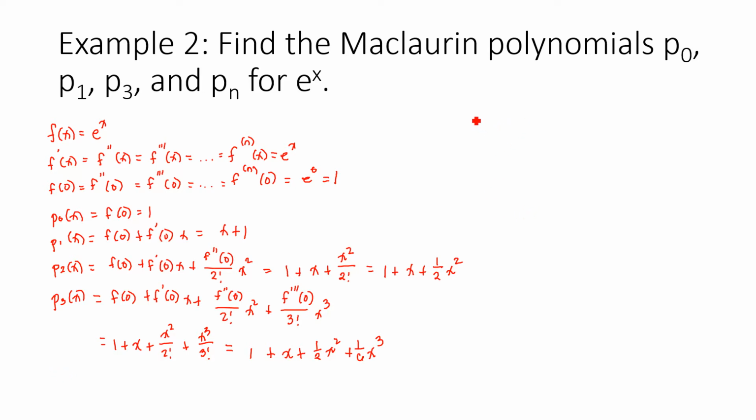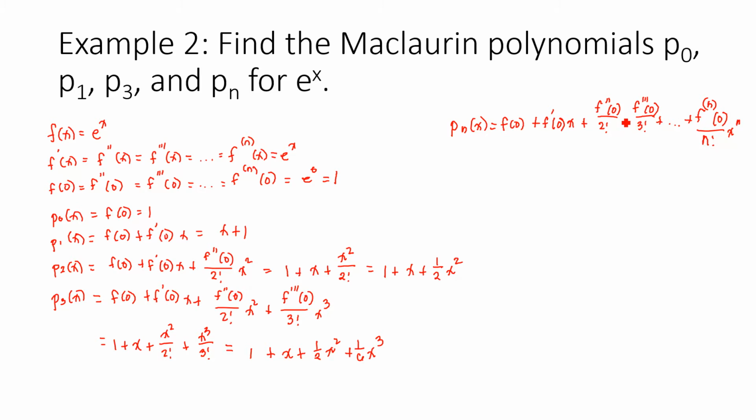Therefore, our p sub n of x would be equal to f of 0 plus the first derivative of f of 0, x, plus the second derivative of f of 0 over 2 factorial plus the third derivative of f of 0 over 3 factorial plus so on, plus the nth derivative of f of 0 over n factorial x raised to n.